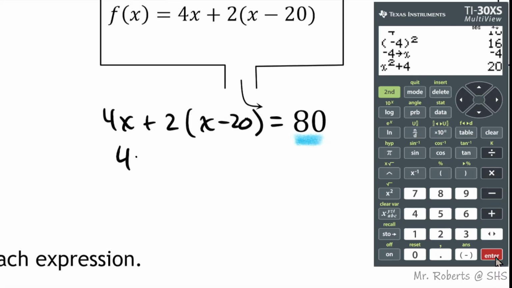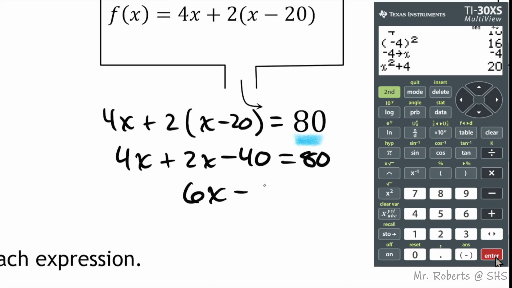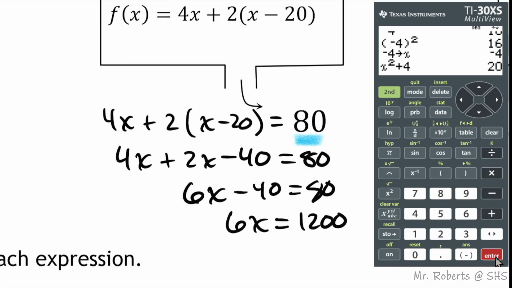Now that I've set that definition equal to 80, I'm just going to solve for x, and it'll tell me the value of x that makes this become 80. So I'll rewrite part of it, 4x plus 2x minus 40. I distributed that 2 to both the x and the -20, and that equals 80. 6 times x minus 40 is 80. And if I add 40 to both sides, I get 6 times x is 120, not 1,000, not 1,200, but 120.